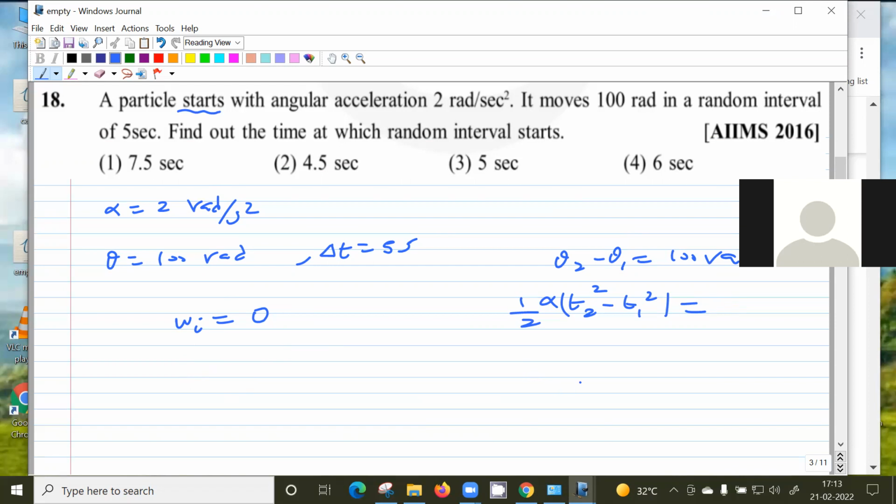Did you solve it? No, sir, I'm writing. Alpha is how much? 2, right? So t2 minus t1 is 5, into t2 plus t1, equal to 100, right?